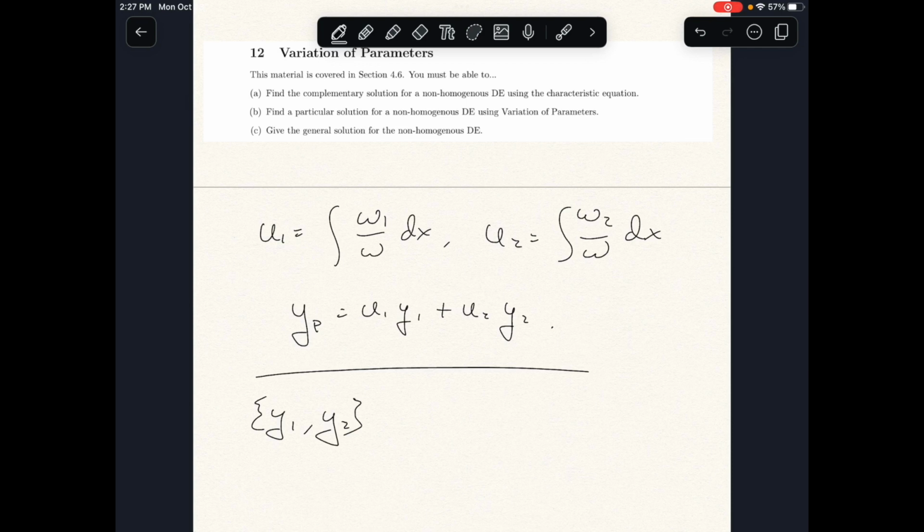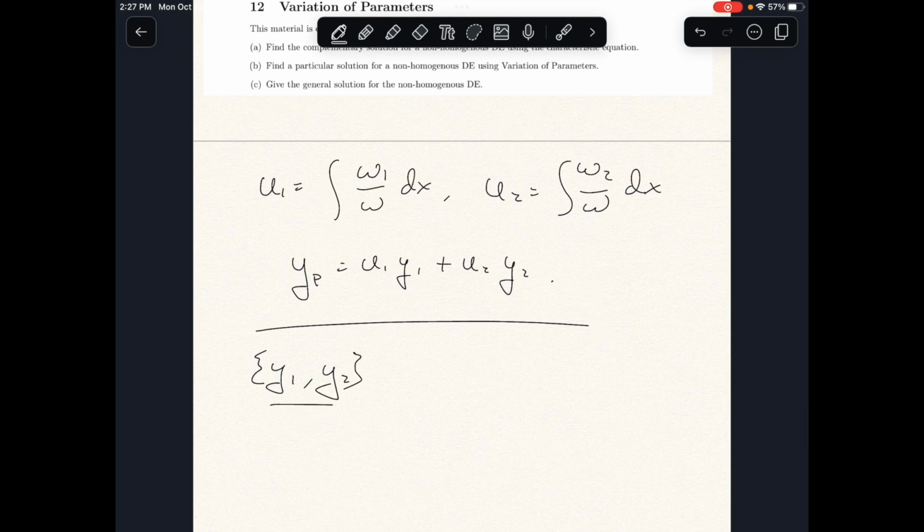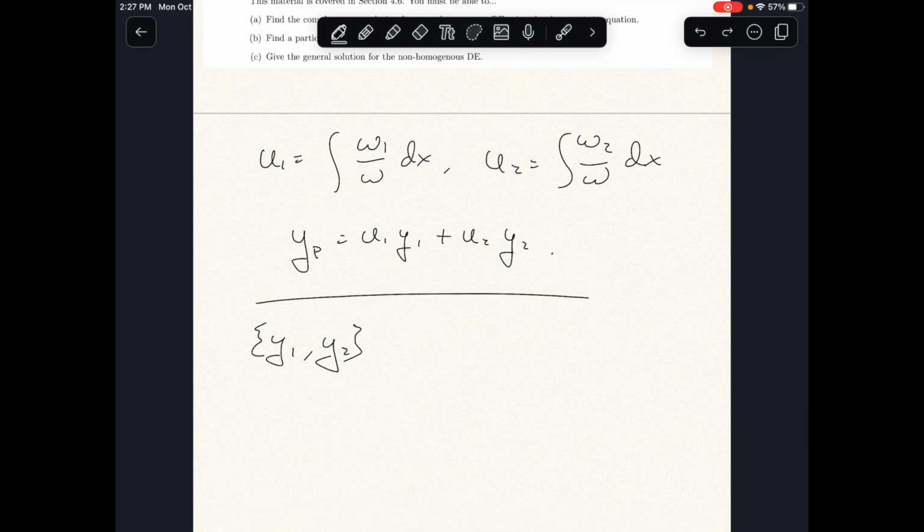So you need to find your y1, y2 in most situations. And then you'll compute the Wronskian based off of that, put y1, y2 at the top, and then compute the derivatives for the second row, and then compute that and simplify.